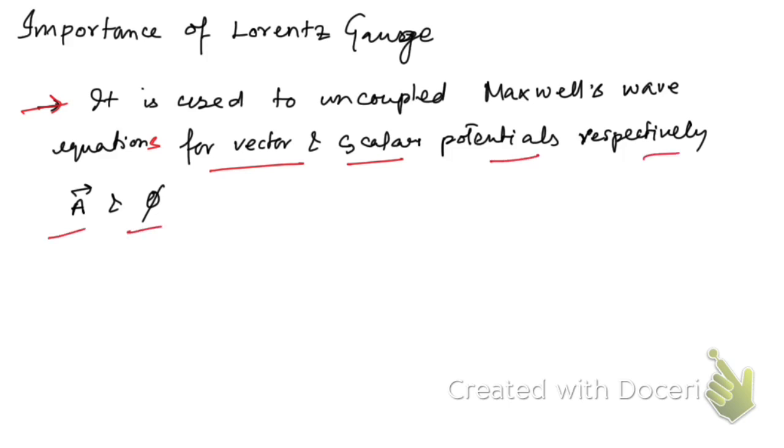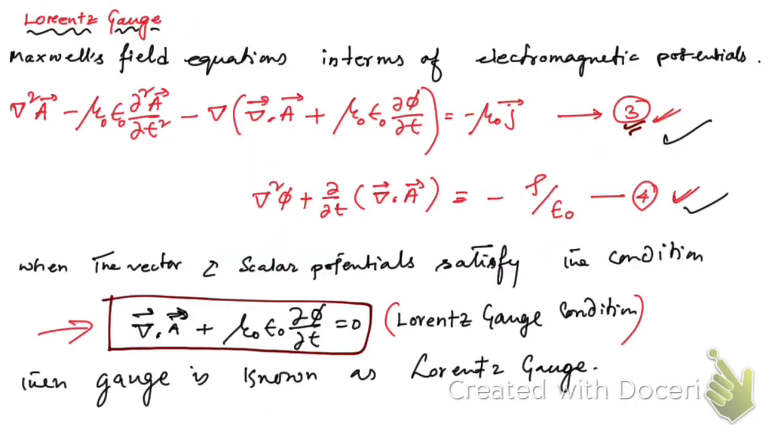So now let us discuss the Coulomb gauge, which is also known as the transverse gauge. Now you see this equation number 4, just wait, give me a second. Let me copy this equation.